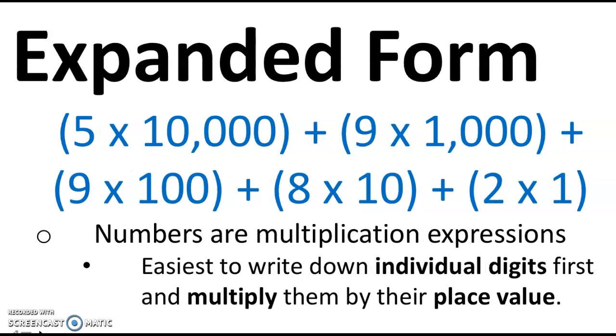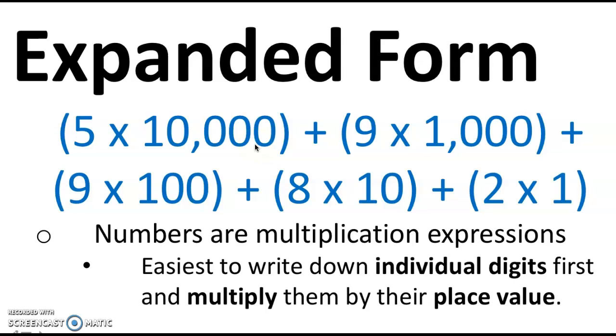The third way that we learned how to describe numbers this week is called expanded form. In expanded form, rather than numbers being represented as just numbers or as words, numbers are represented with multiplication expressions. And you can see that up here with our 5 times 10,000. This is a multiplication expression.